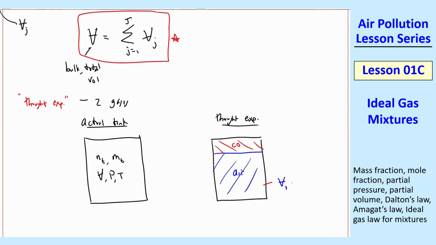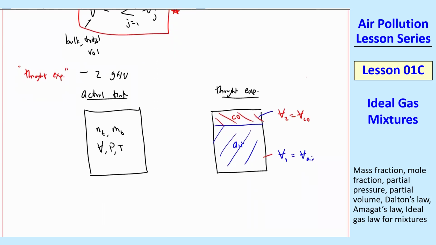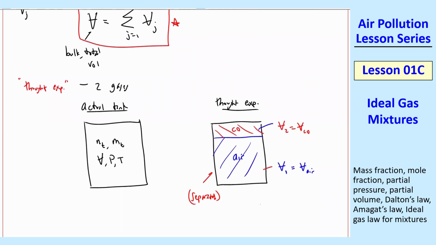You don't have to do that, but V1 is V air. We also can just put the actual element name or molecule name instead of the j, so we don't have to remember which one is 1 and which one is 2. So I would call that V1, partial volume of air, and this would be the partial volume V2 or VCO. And so in this thought experiment, we have this mixture of gases, but suppose you can separate these two gases into the CO and the air. And so the volume that the air occupies is the partial volume of the air.